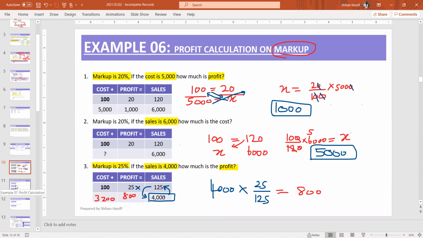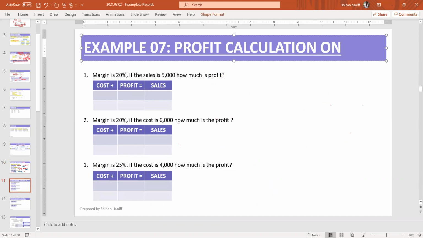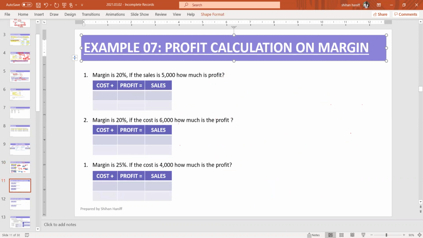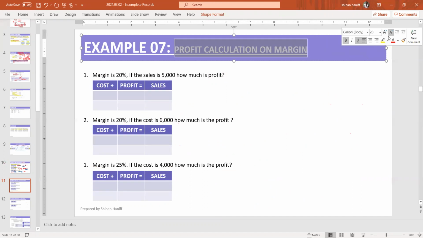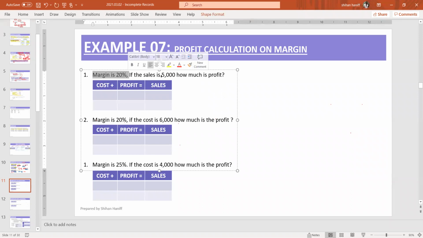Now the second part, example 7, I'm going to do the margin. Profit calculation on margin. Margin is 20% and the sales is 5,000. How much is the profit?